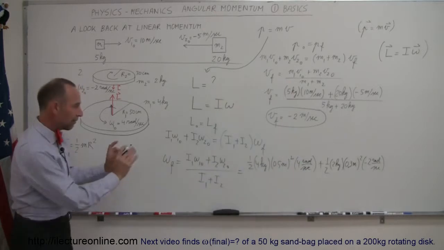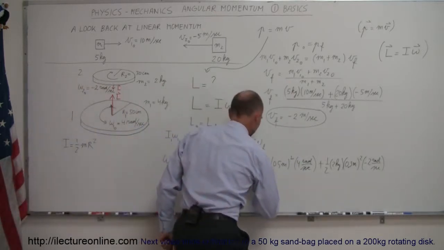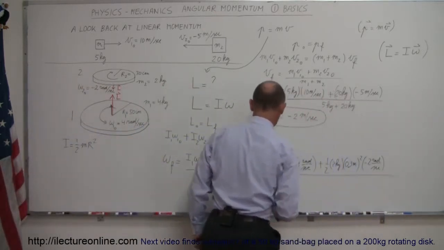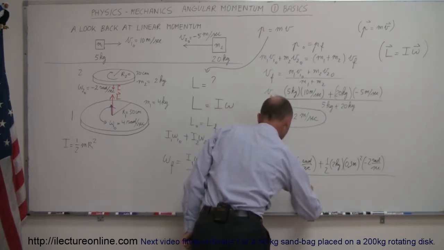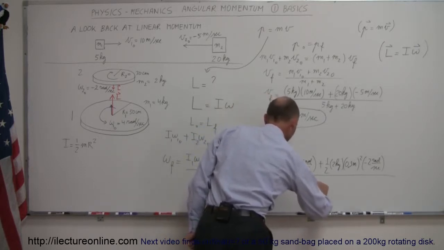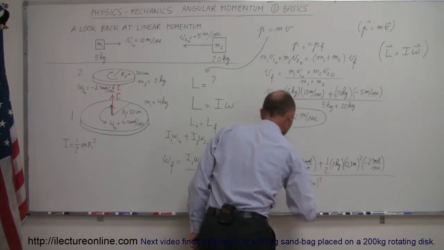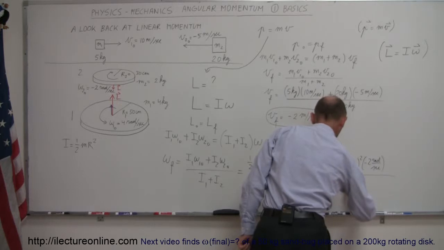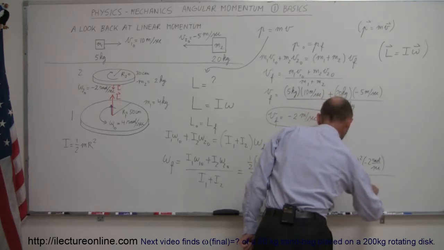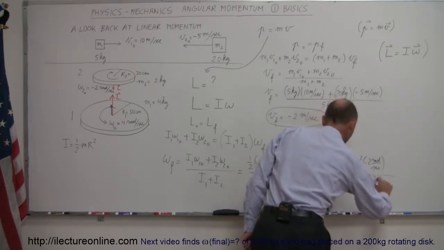All right, now we have the top portion. Now we divide by the bottom portion, which is simply the sum of the two moments of inertia, which would be 1/2 times 4 kilograms times 0.5 meters squared, plus 1/2 times 2 kilograms times 0.3 meters squared.